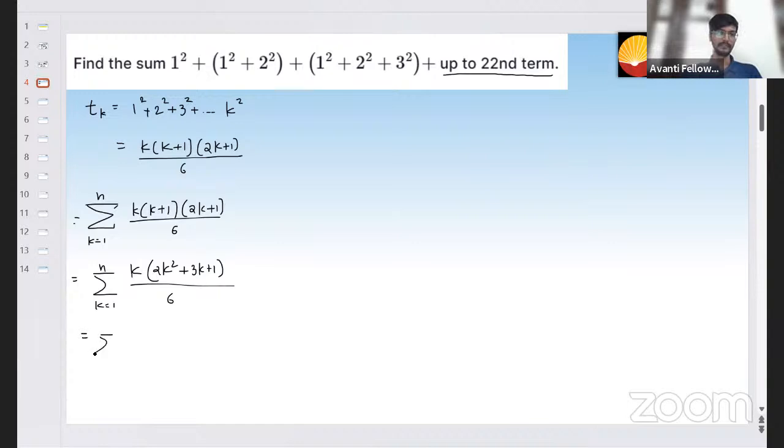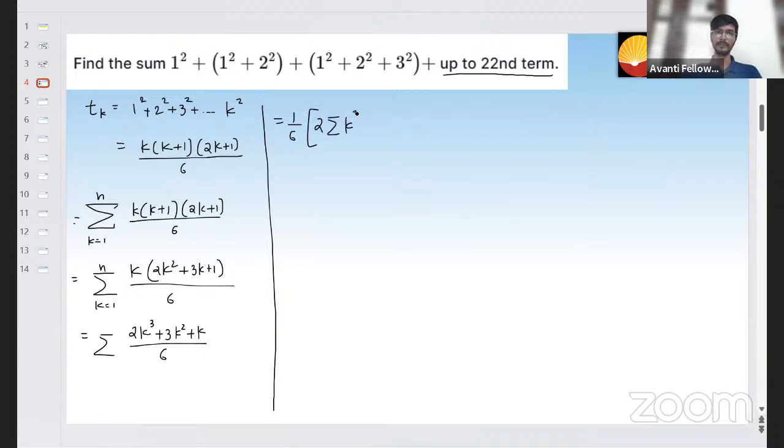So basically I'll get summation 2k cube plus 3k square plus k upon 6. So now let us write 1 by 6 outside, and inside we can write 2 summation k cube plus 3 summation k square plus summation k.